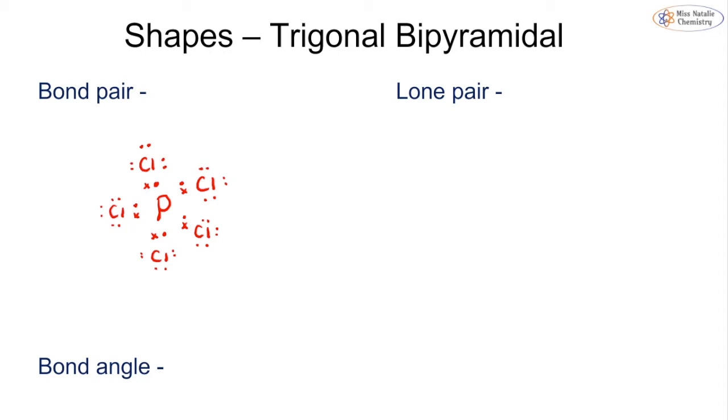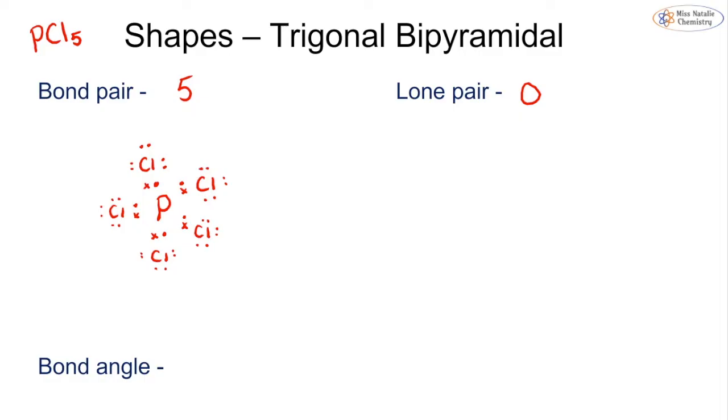So we get something like that. So we have 5 bonding pairs. Now, this is actually quite an easy one, because whenever you see a substance that has something like PCl5, as soon as you see the 5, you automatically should be thinking 5 bonding pairs without even having to draw the dot and cross diagram. And it has 0 lone pairs. And we call this shape trigonal bipyramidal.